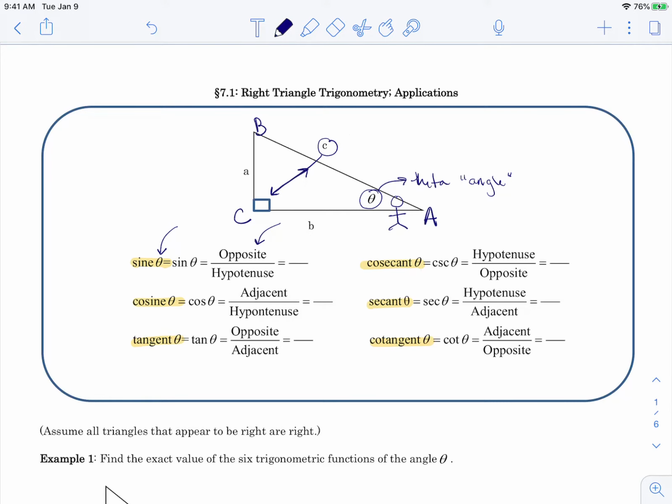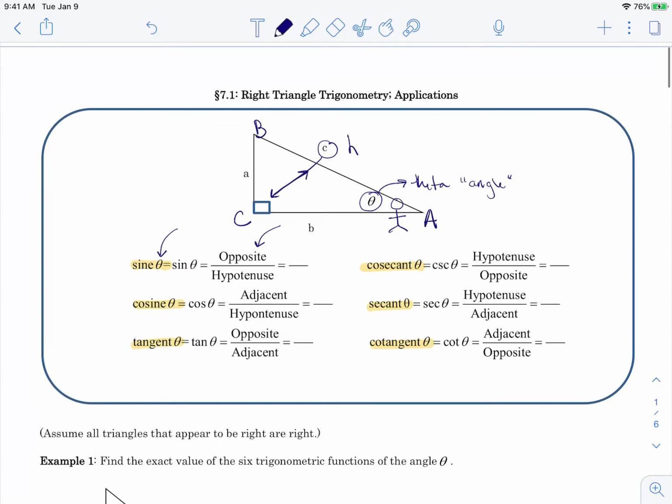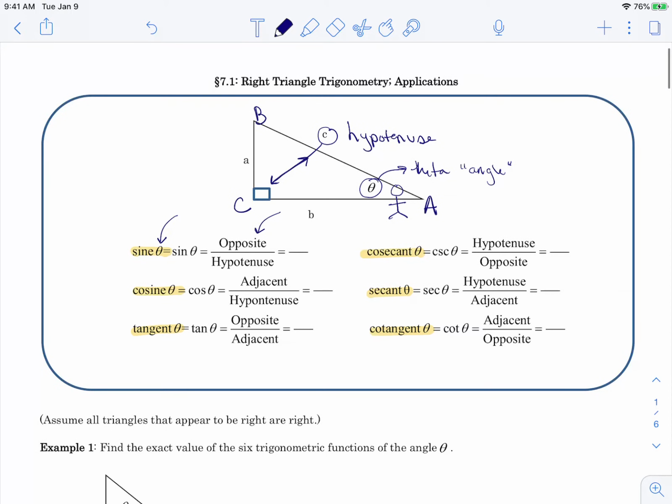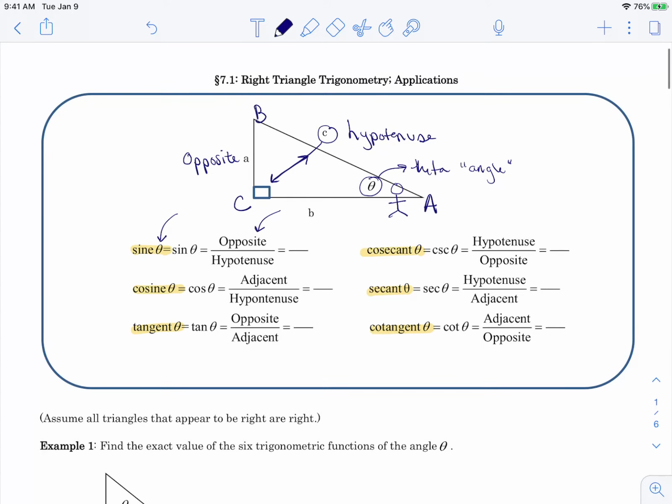Let's determine some things. C is always our hypotenuse. That won't change because it's across from your right angle. It's the longest side. And if you're standing at theta, is A opposite or adjacent? Well, A is opposite, and B is adjacent.